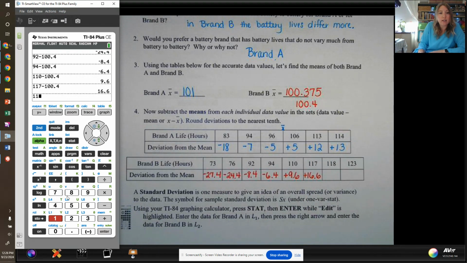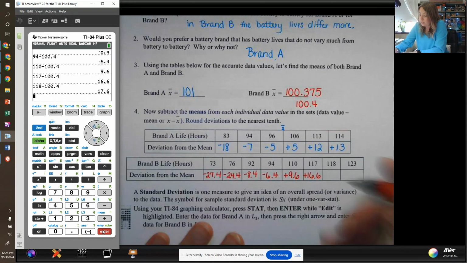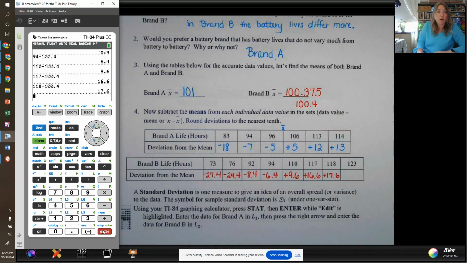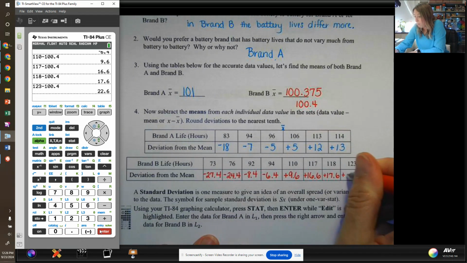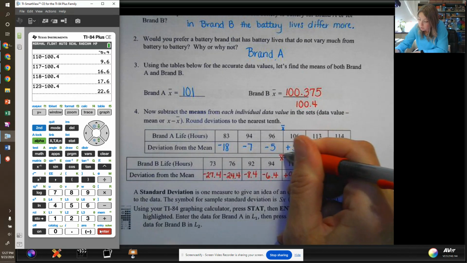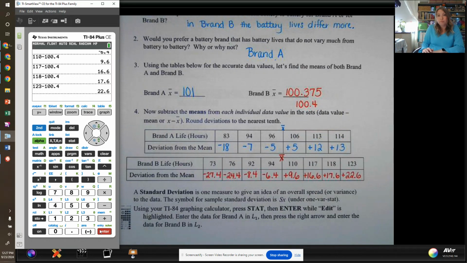Okay, 118, I'm sure you can guess what this one is, but again, I'm being just very clear and methodical about every data value minus the mean. That's how I get my deviations. So plus 17.6, and of course, a big one, so 123 minus 100.4 gives me a big whopping 22.6 as a deviation from the mean. So that much bigger than the mean. And the mean was right here between these two.